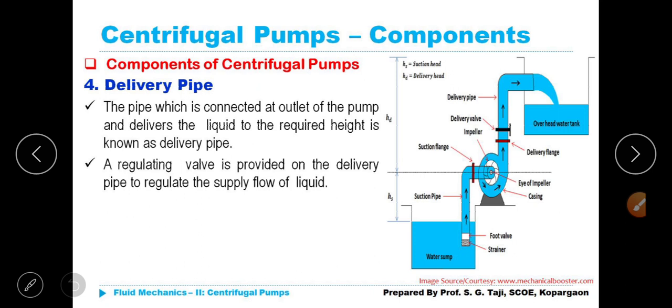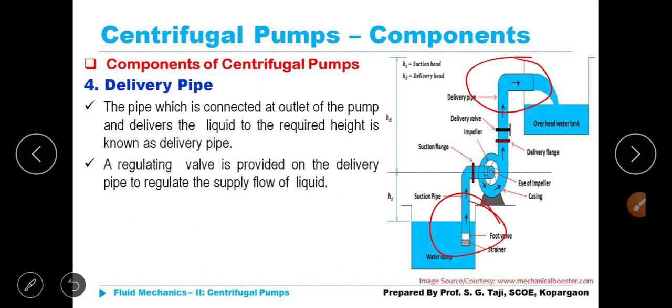Last, delivery pipe. The pipe which is connected at the outlet of the pump, this is outlet, this is inlet. From the inlet, the water is pumped to the overhead tank, which is part of the outlet. Is it clear? It delivers the liquid to the required height and is known as the delivery pipe.